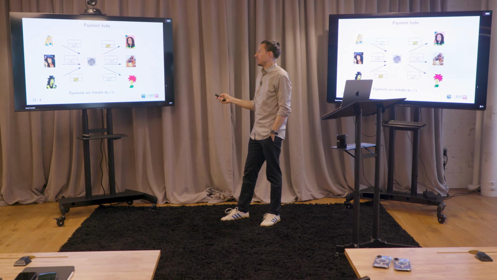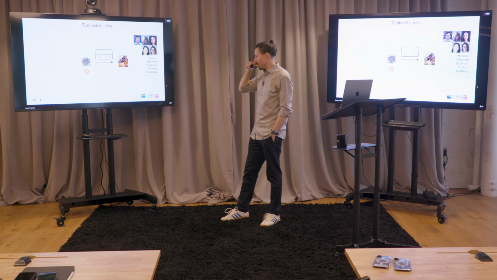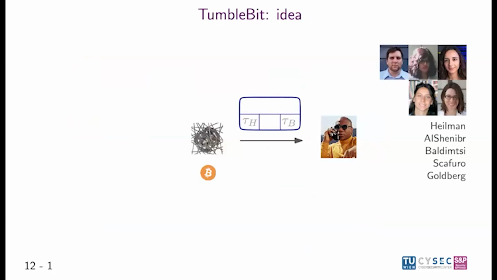Yeah. Okay, so here's the idea of Heilmann et al. Instead of requiring a hash pre-image to redeem this transaction, they require an RSA signature. The payment hub selects some random message M and says that you can only take this transaction if you have a signature on M. The payment hub has the secret key.